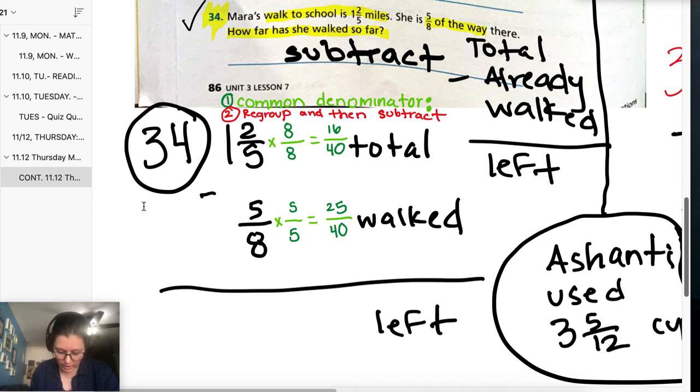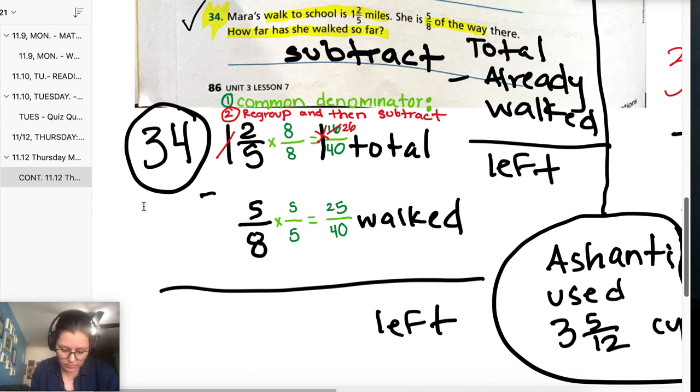Well, I have 16 on the top. I can't do 16 minus 25, so I need to borrow one. Luckily, this is a whole number. It's really 1 and 6/40. So I'm going to take away that 1, and then I'm going to add 40 over here. So 16 plus 40 is 56.